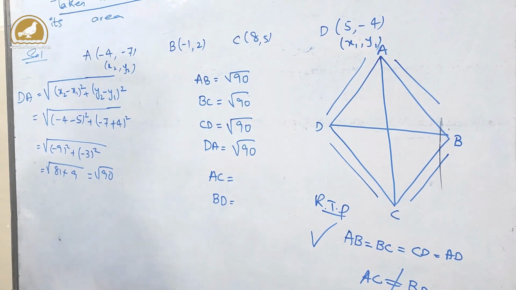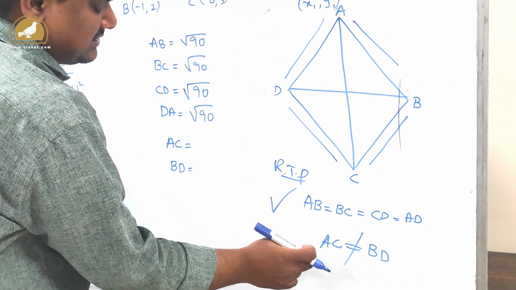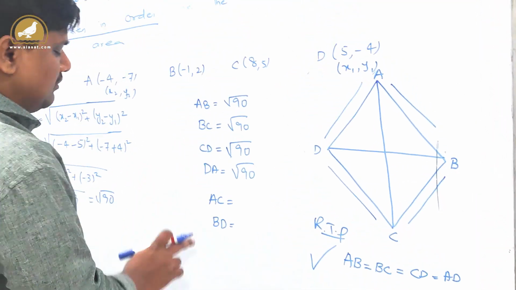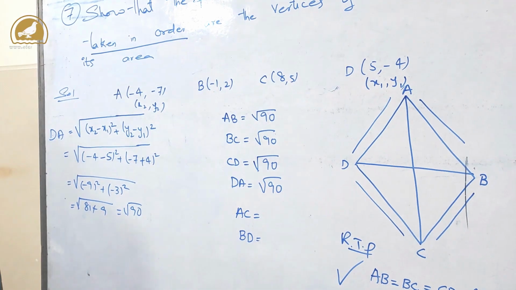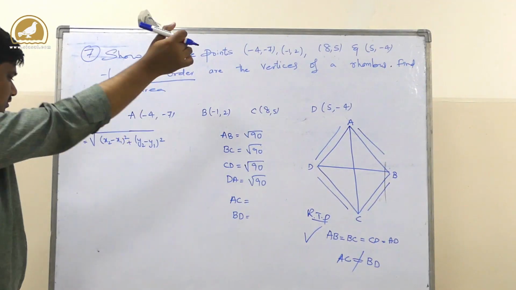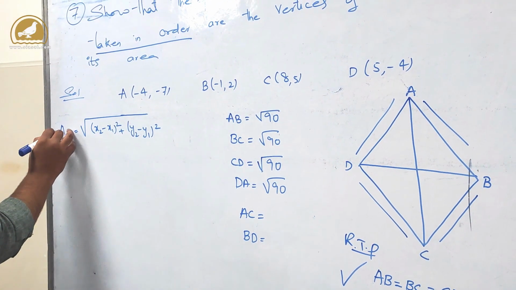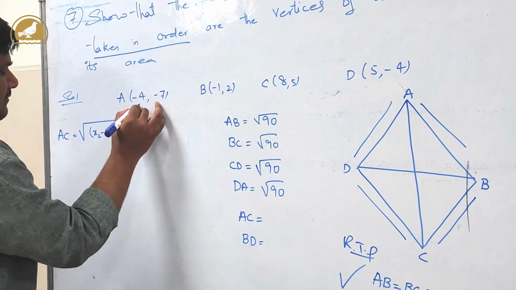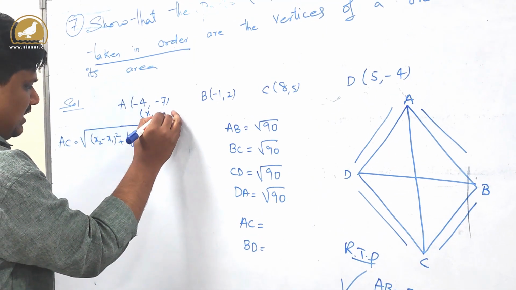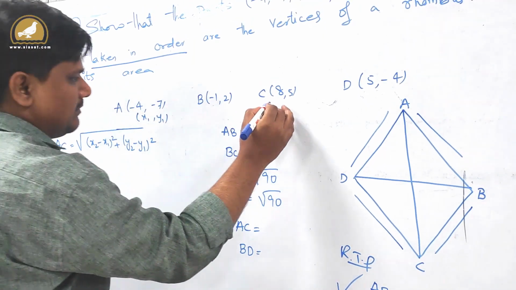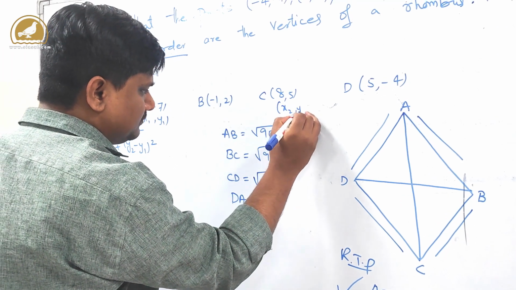Now we need to prove that the diagonals are not equal, that is AC is not equal to BD. So we'll find the distance between A and C. A will be x1, y1 and C will be x2, y2.